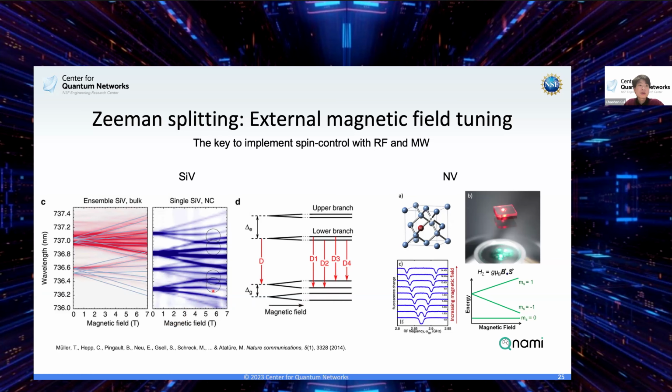Then you can use your microwave and RF control to address the transitions between those energy levels, so you can micromanage the state that you want. And for the NV, as I mentioned earlier, it basically gives you a way to measure the local magnetic field by checking the ODMR dips.